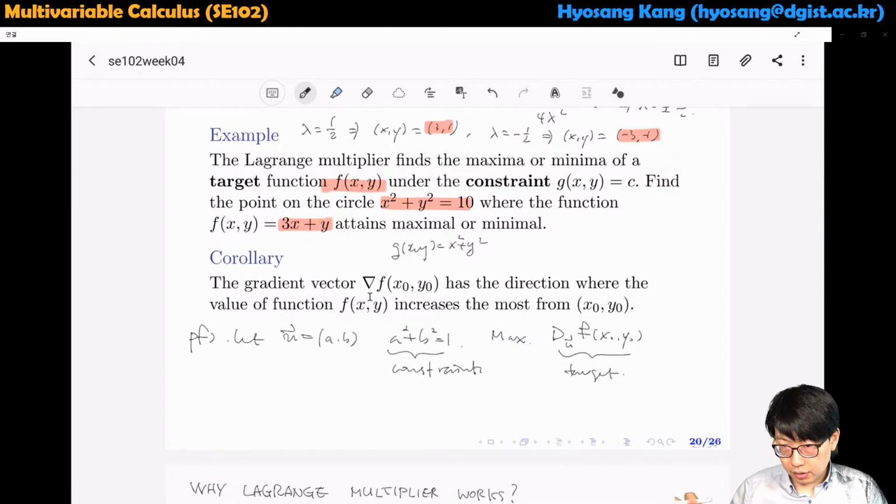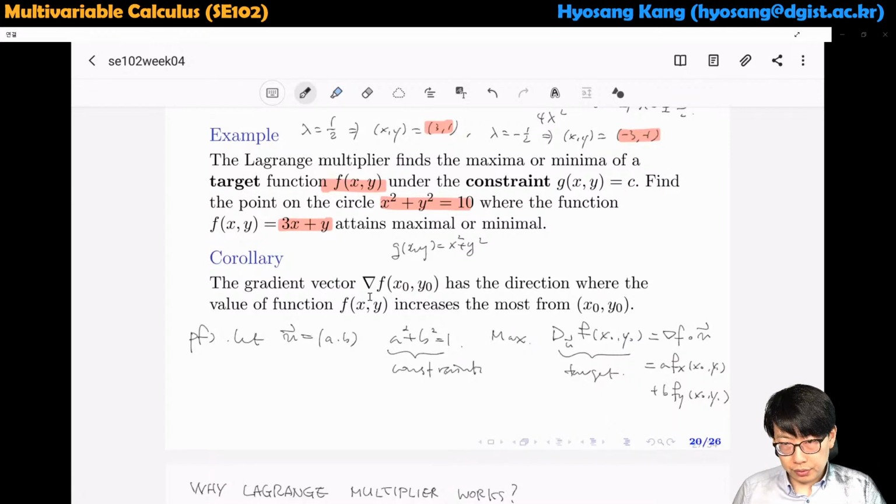The constraint consists of a and b. The target function, what is this? This is nothing but the gradient inner product with u. So this is also a function of a and b. Basically this is a fx(x0, y0) plus b fy(x0, y0), a linear function.